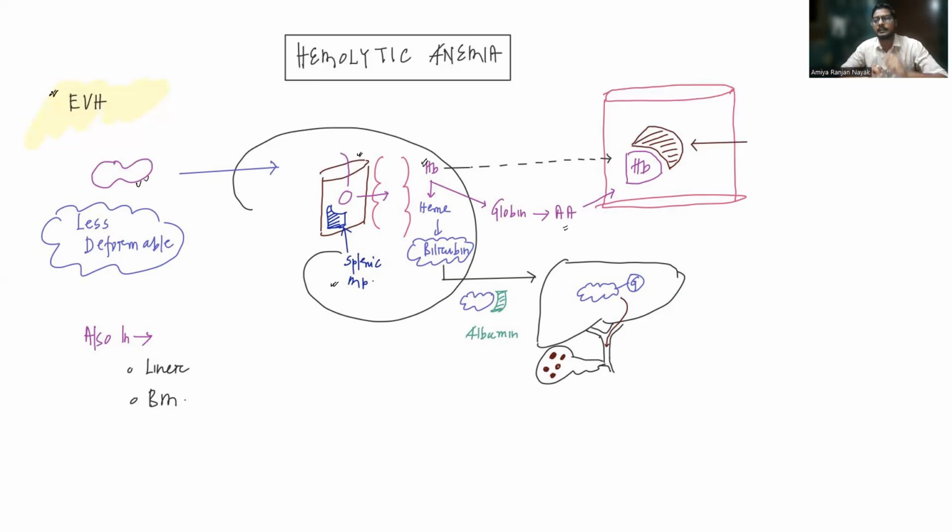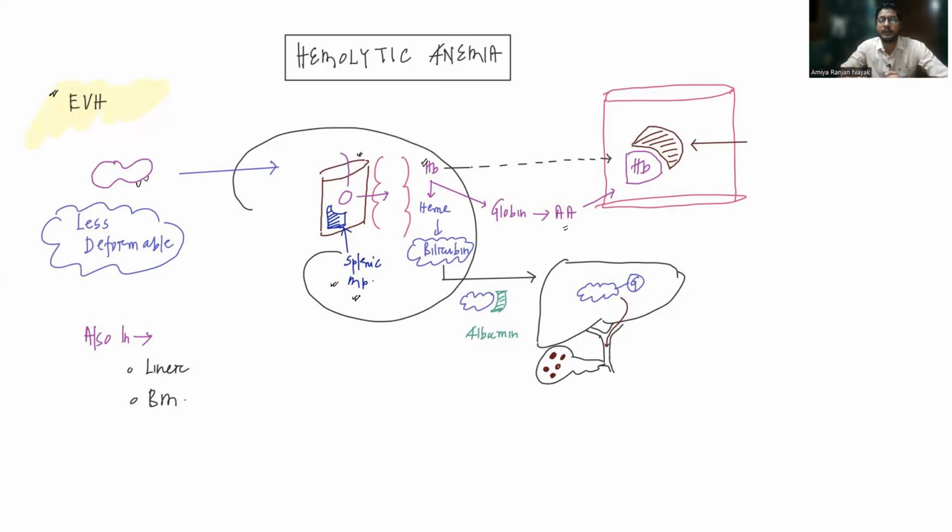Now, because of these alterations in the membrane, the RBC will become less deformable. And when they try to pass through the splenic cords and then the sinusoid, they will get trapped inside the spleen. Once they are trapped, again the splenic macrophages will come and they will phagocytose the RBCs.